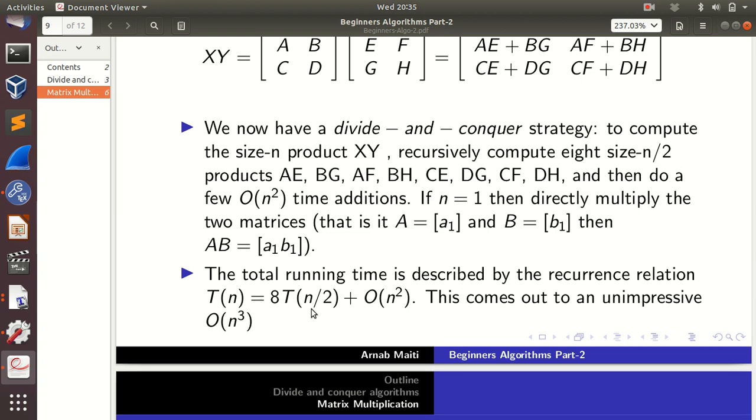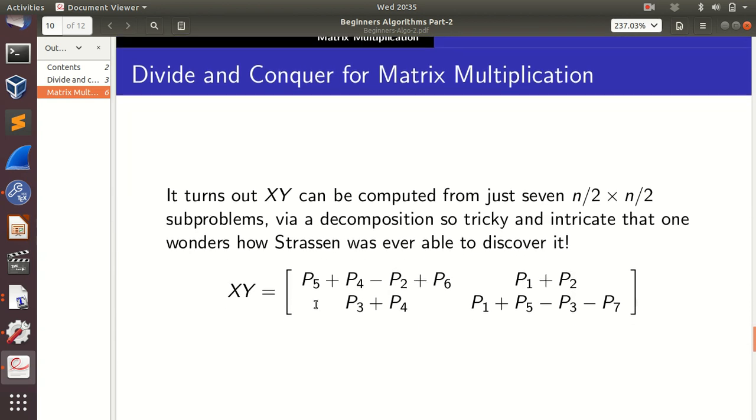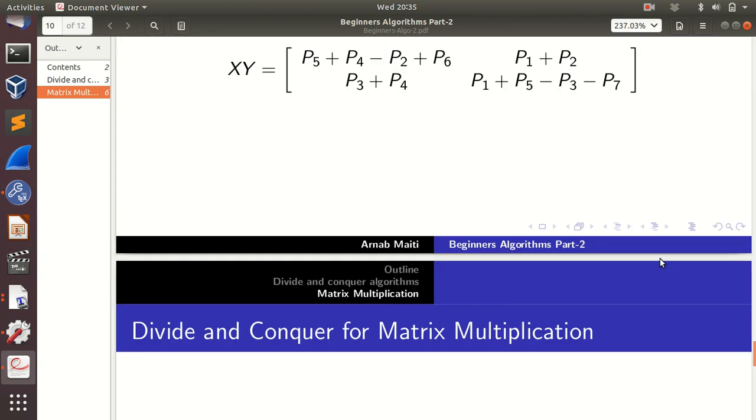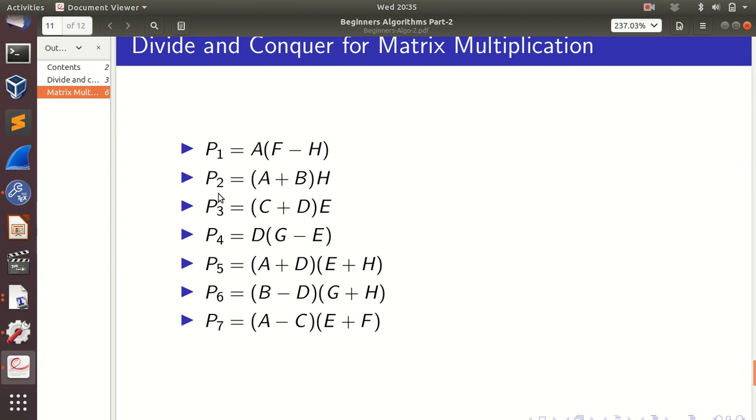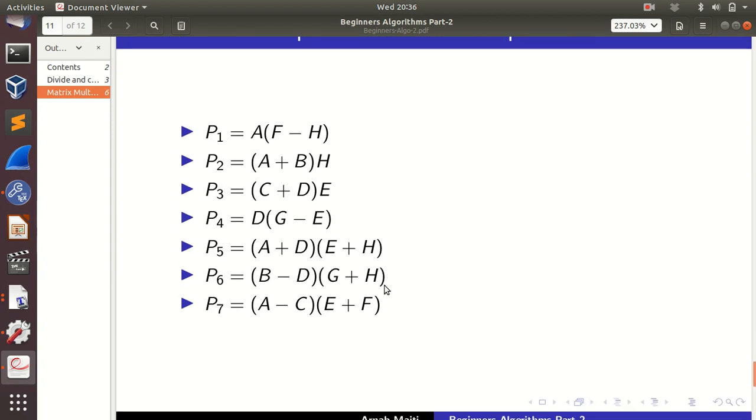So this is just an extra clarification. Coming back to this, Strassen managed to compute XY using just 7 n by 2 cross n by 2 subproblems, and these are the subproblems which he calculated.